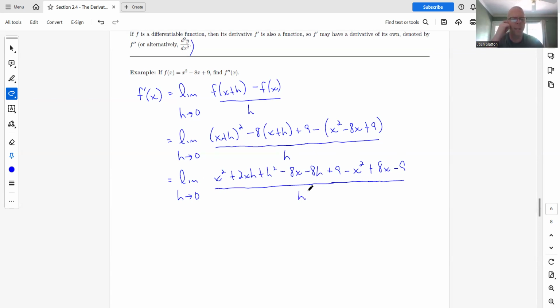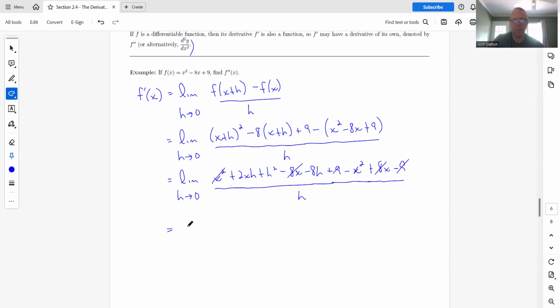I don't have the function memorized, but like I said in the last one we did, all of the non-h terms should cancel out. So the x squared would cancel out, 8x would cancel out, and the 9s will cancel out. When I noticed there's a minus 9 and a minus 9, they should cancel out.